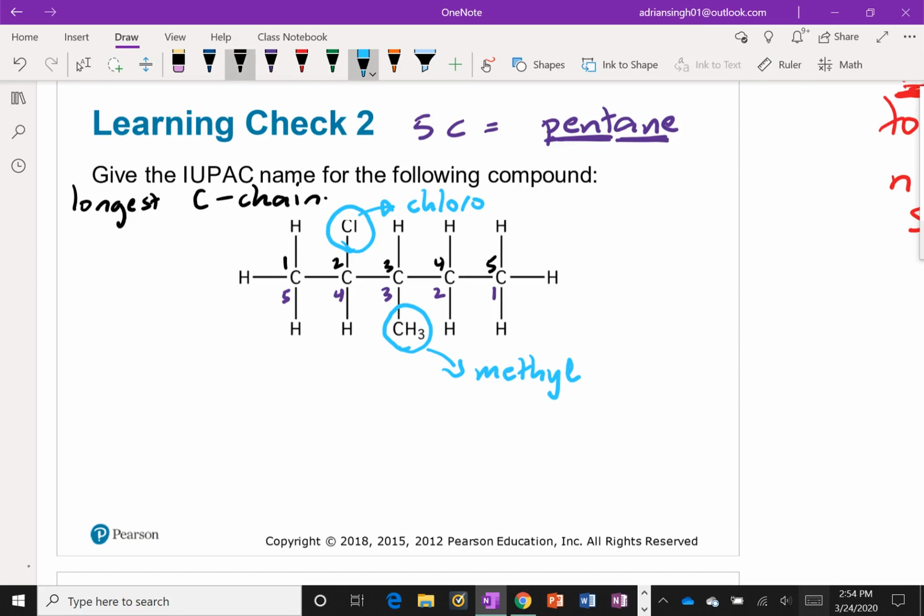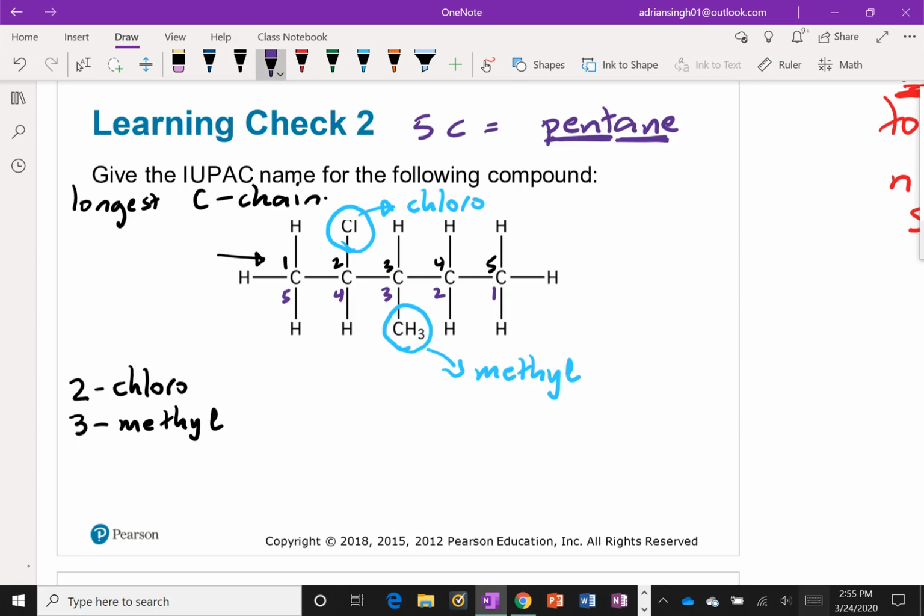So if we use the black numbering system, then we see that the chloro is on position number 2. The way that we denote that is 2-chloro. And then we also see that the methyl will be on carbon 3, so we'd call that 3-methyl. All right, and that's using the black numbering system going from left to right.